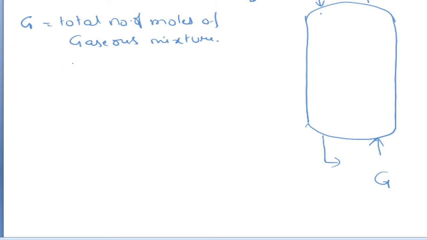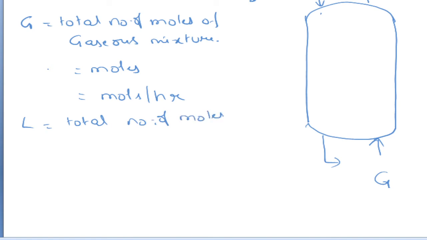If it is denoted as moles, the units are moles only; if it is denoted in terms of molar flow rate, then the units are moles per hour or minute or any time unit. So G is the total number of moles in a gaseous mixture and L is the total number of moles in a liquid mixture.